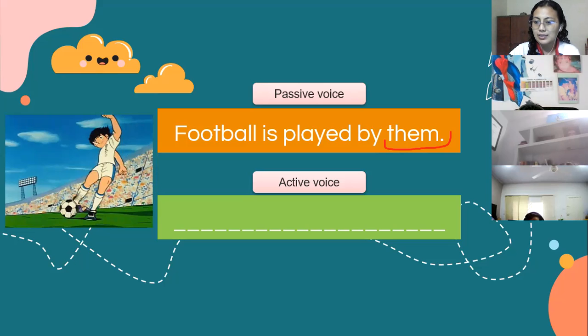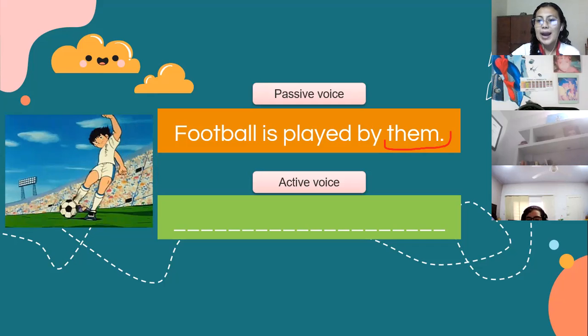Exactamente. Muy bien. Si yo pongo him, H-I-M, ¿a qué sujeto estoy reemplazando? He. Muy bien, he, excelente.